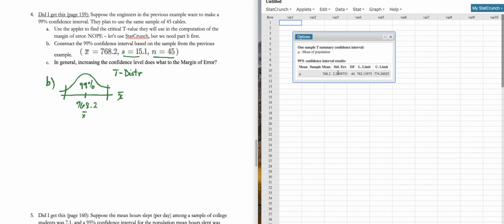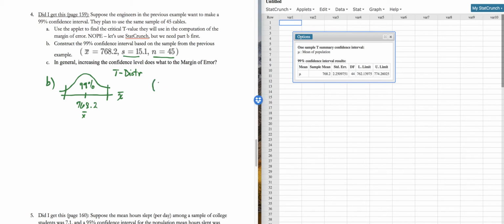Okay, so here is the standard error or the standard deviation of this t-distribution. We had a sample size of 45, so there's our degrees of freedom, 44. And here are the upper and lower limits for our confidence interval.